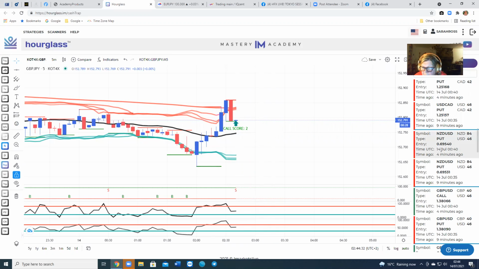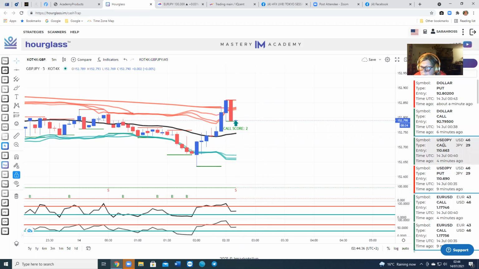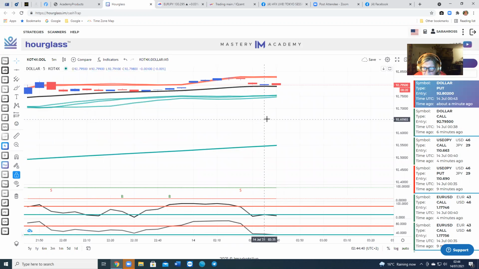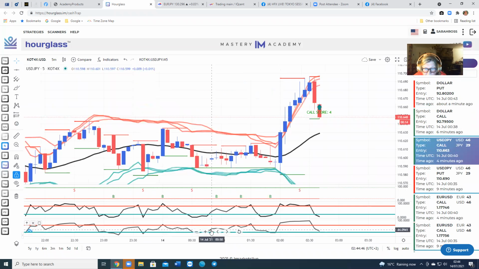That's GJ. Euro JPY, let's have a look at that. The dollar's saying a put. UJ is a call.